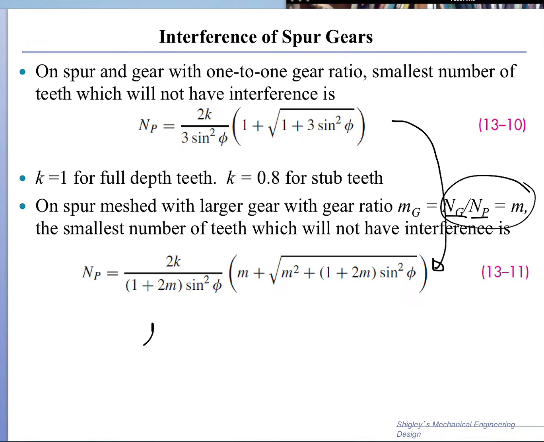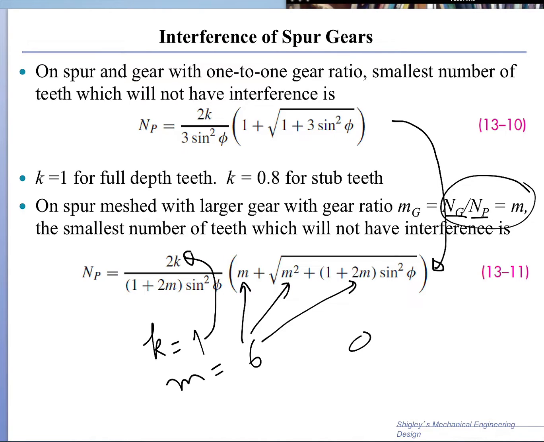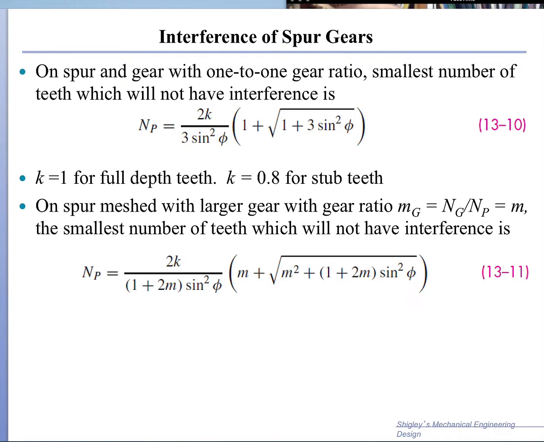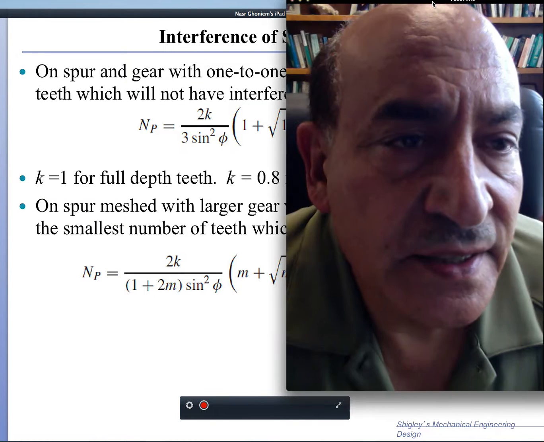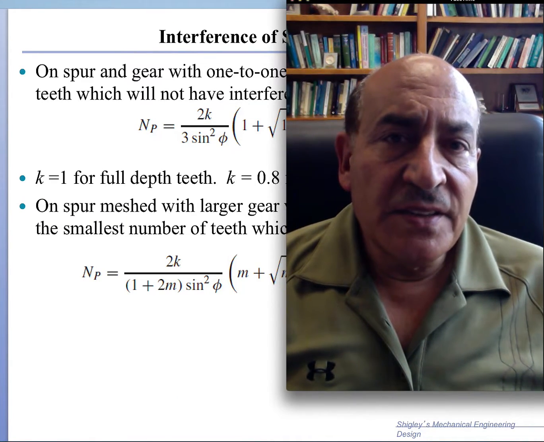Therefore if we just input K equals 1, let's say, and m equals any number that we have, let's say the gear ratio is 6, then we would substitute here with the gear ratio and with K in this equation, and what is left is phi. So phi, as we mentioned, could be 25 degrees or 20 degrees, depending on the type of gear that we selected.